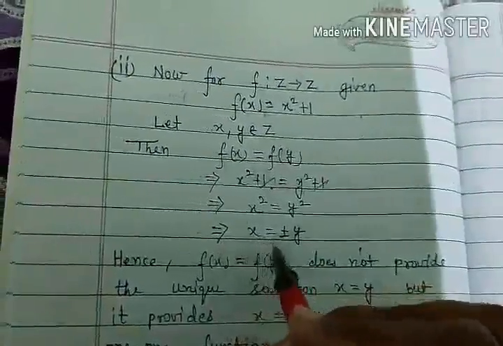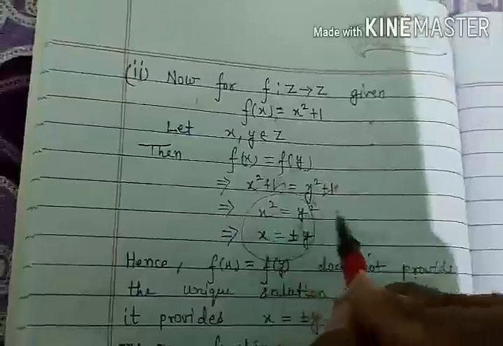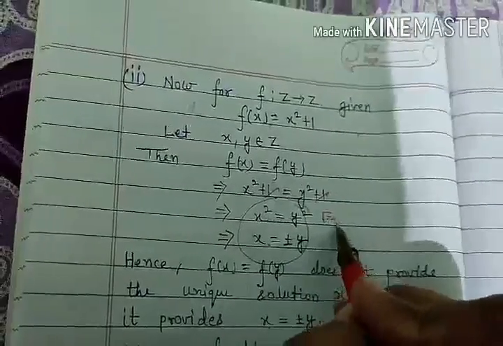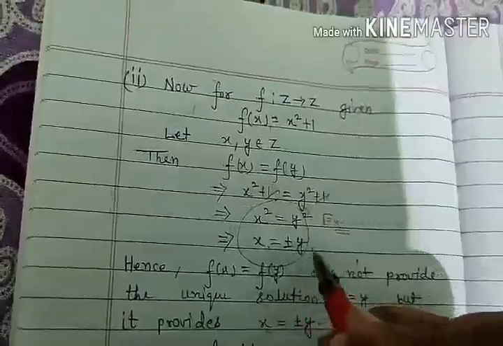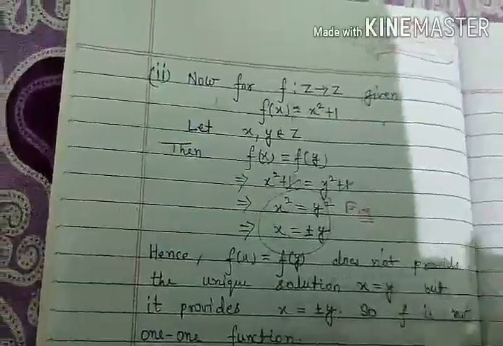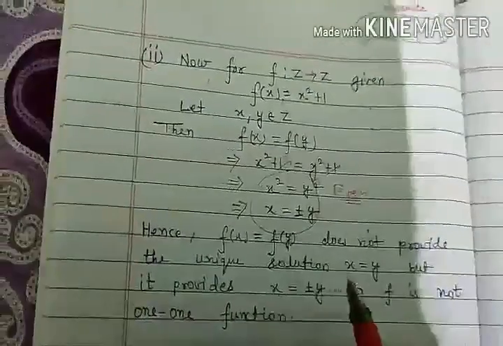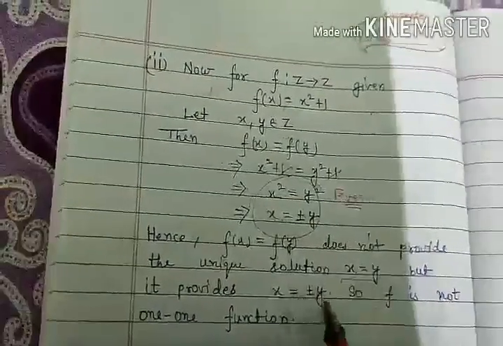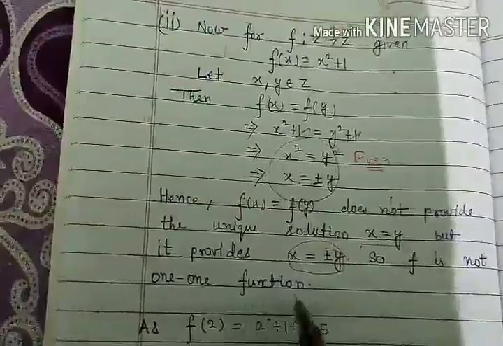This implies, and this is an important concept you must remember, that whenever an even power is there, x equals plus or minus y. Hence f(x) equals f(y) does not provide the unique solution x equals y. It is actually giving you x equals plus or minus y, so f is not a one-one function.